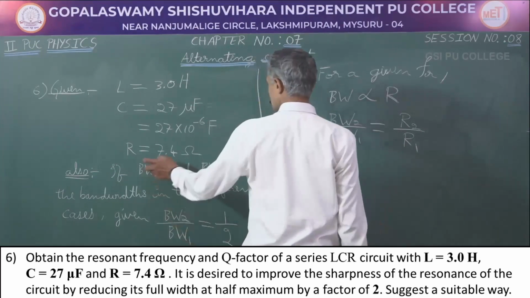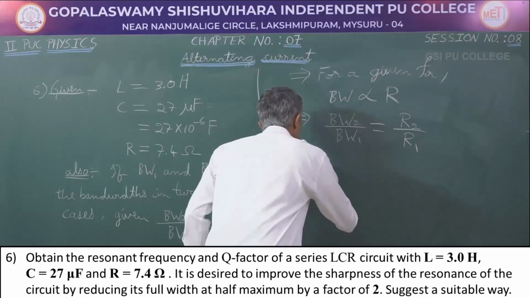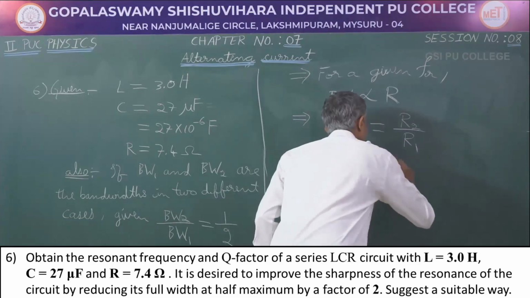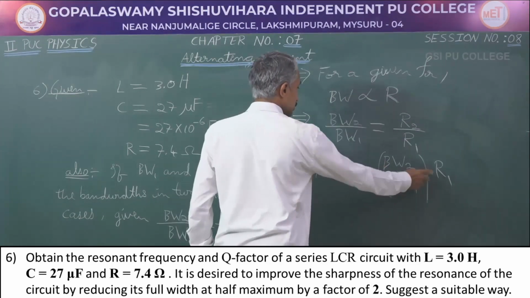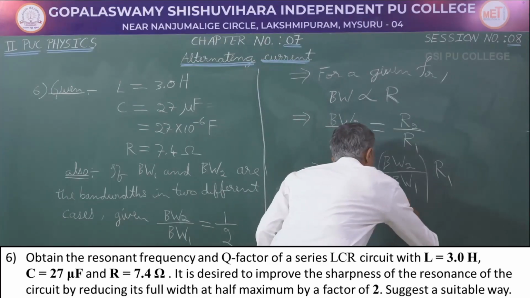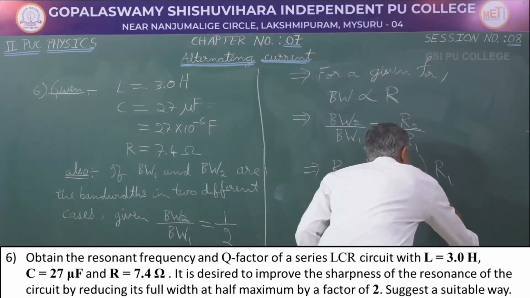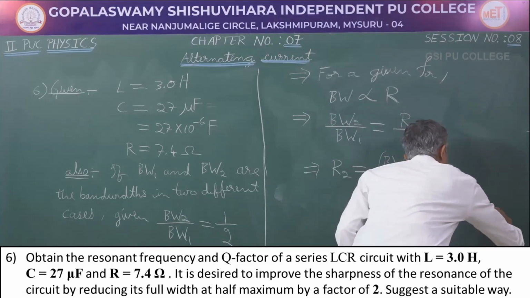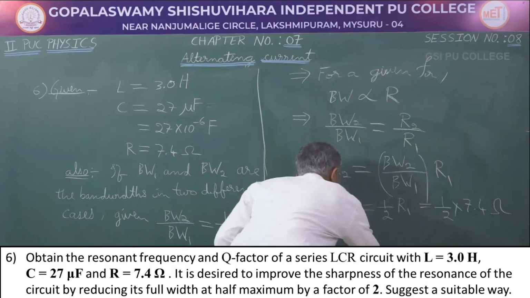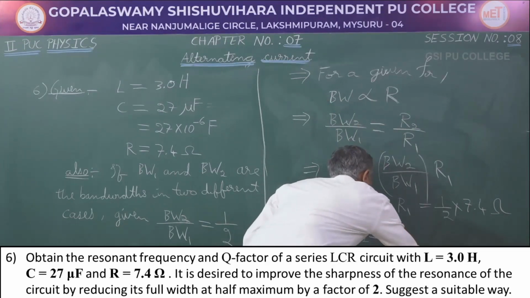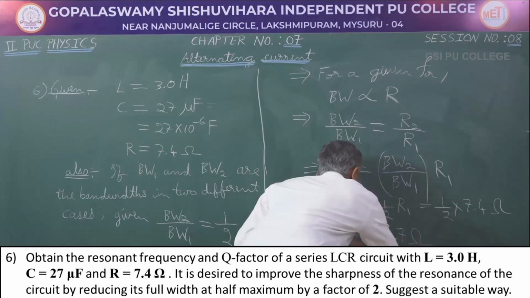We know R1, which is 7.4 ohm. So, this implies R2 is going to be equal to the ratio of the bandwidths into the initial resistance. So, this is half of R1, which is half of 7.4 ohm. So, R2 will give you 3.7 ohm.